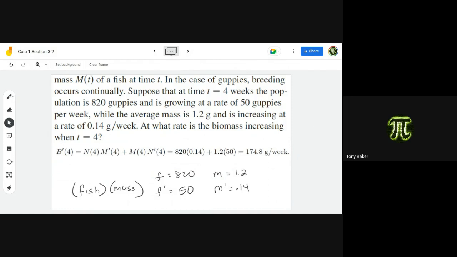Not necessarily guppies, but does anybody know how they actually determine the population of fish in a lake? It is random sampling. What they do is they go in a lake and catch and tag, say, 100 fish.